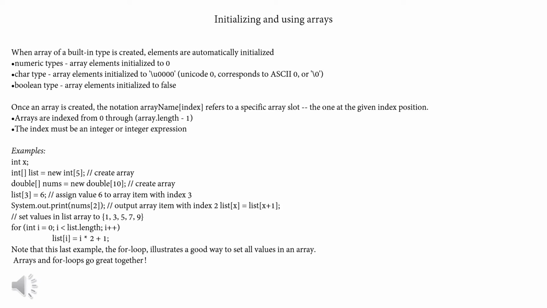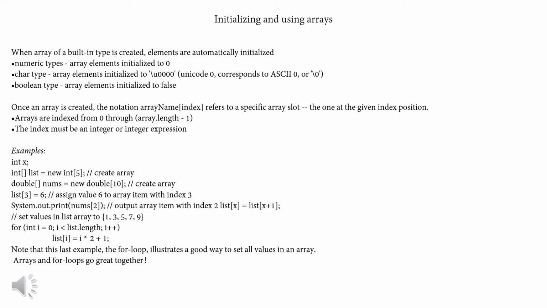And it's good to know that this index can be from 0 to array length minus 1. And you need to keep in mind that this index must be an integer or integer expression. You can see some simple examples here.